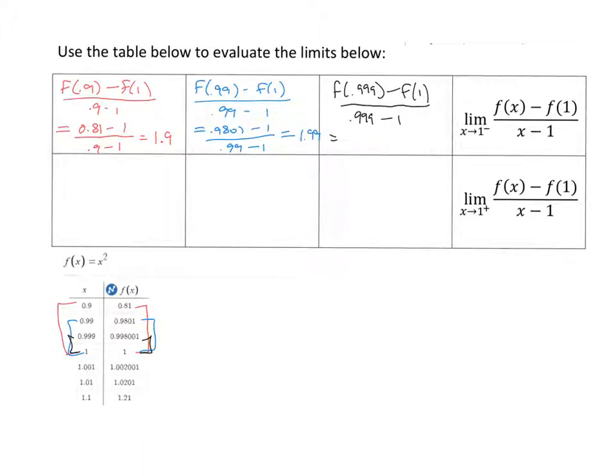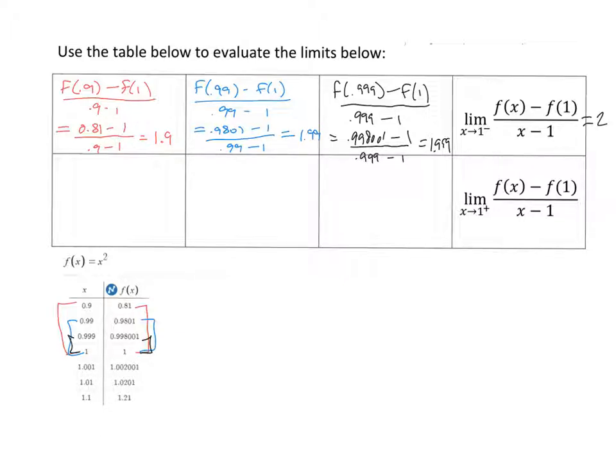And that gives you 0.998001 minus 1 over 0.999 minus 1. And that ends up being 1.999. So the limit as x approaches 1 from the left-hand side, if we were to guess, looks like it should be equal to 2, right? It just seems pretty obvious that those slopes are approaching 2.